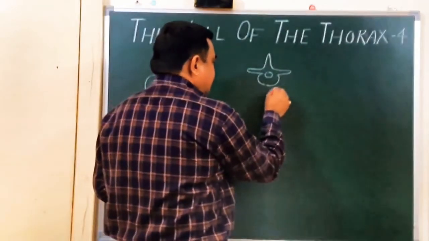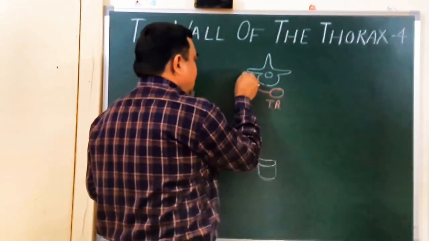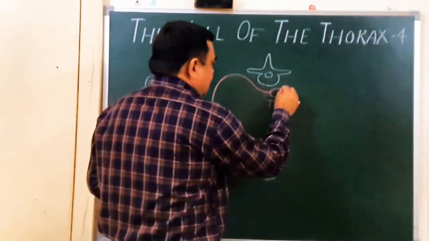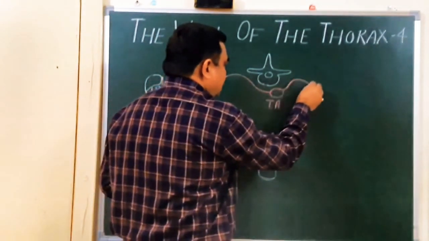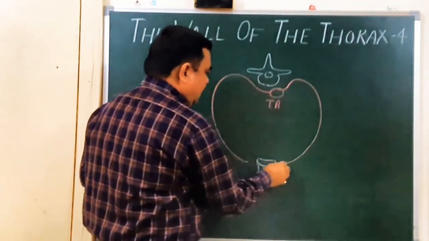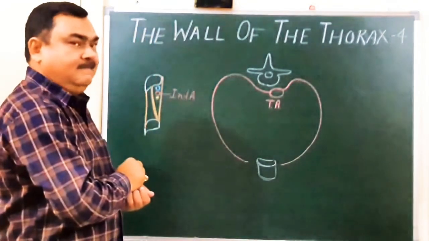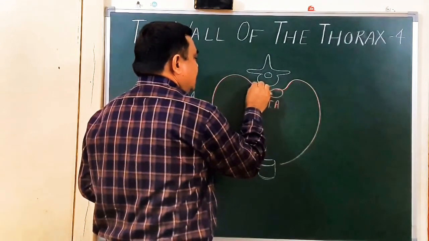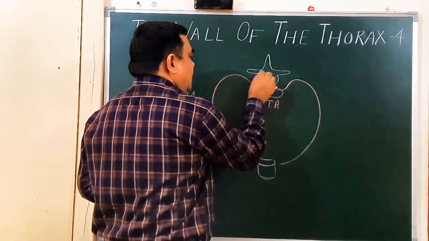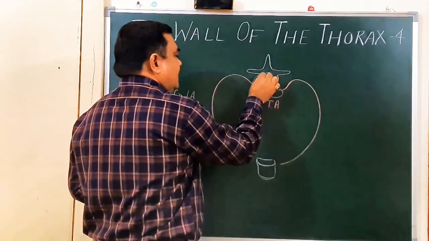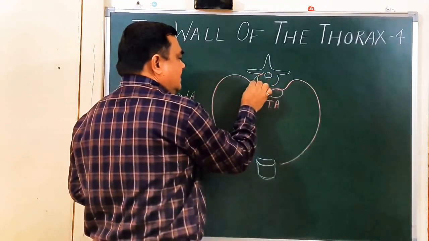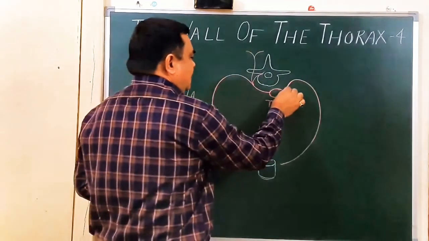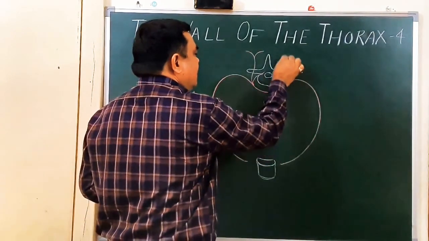It gives branches like this, and on this side like this. Here is the spinal branch. This is the dorsal branch.